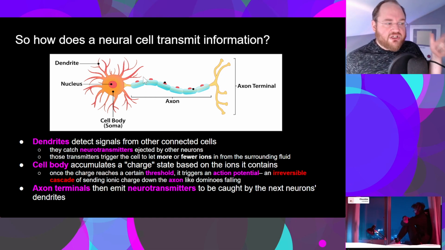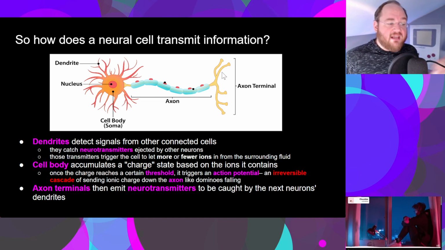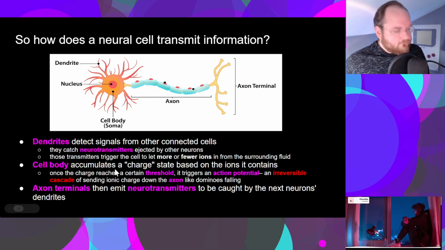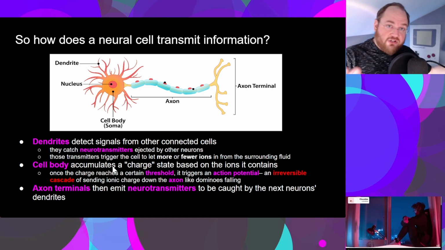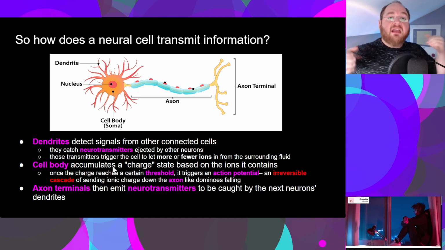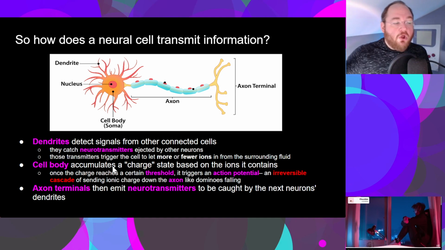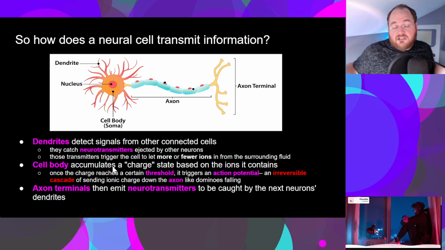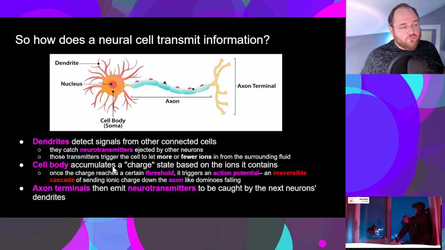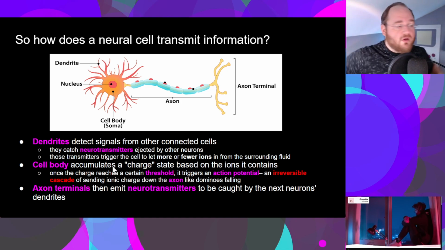The ion charges flood the system, boom, boom, boom, until we get to the end, like dominoes falling. At the axon terminals, if a charge has come, these will emit neurotransmitters ready to be caught by the next neuron, or next many neurons. It can be many to many, many to one, lots of ways to arrange neural cells.